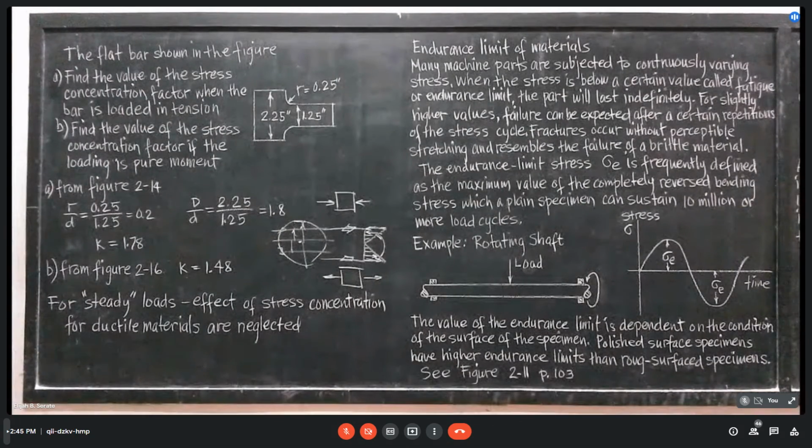For the flat bar, what is given depends on your design. It is given, so it depends on you. For example, if you designed it with those dimensions, those are the dimensions of what you designed. And then you can also vary.